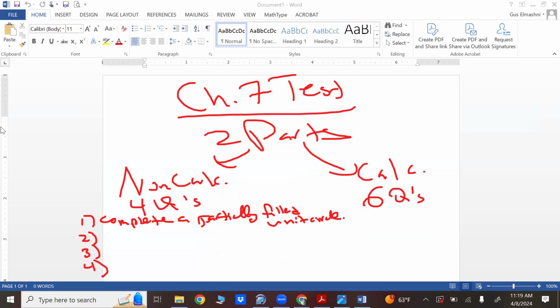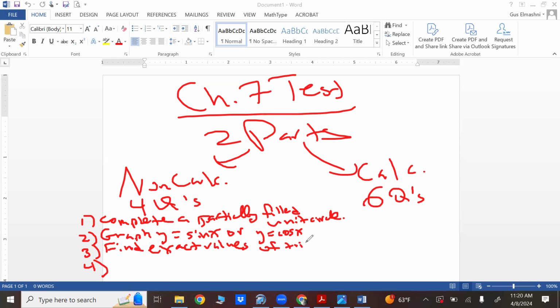The second thing is I'll ask you to graph sine or cosine. Very simple. Graph y equals sine x or y equals cosine x. Okay, just one of those two. For number 3, find exact values of trig functions.